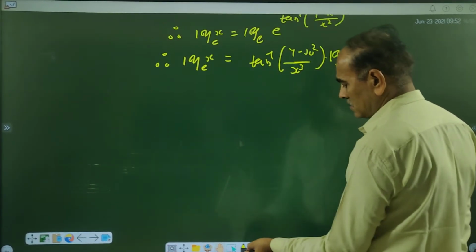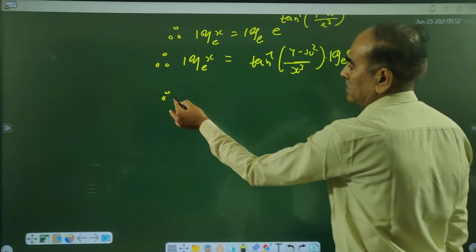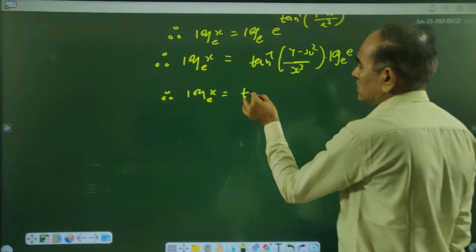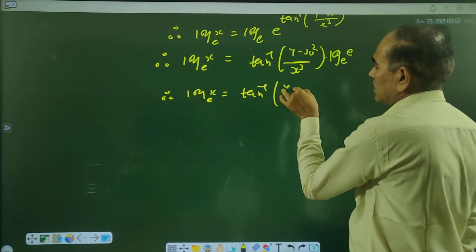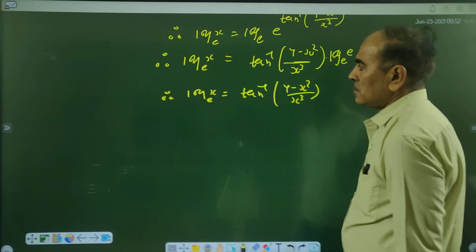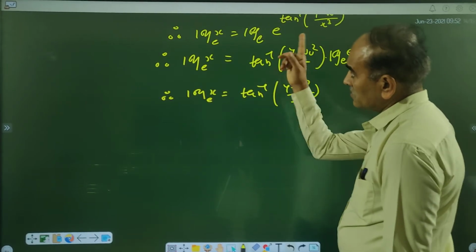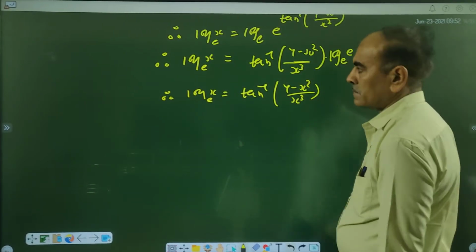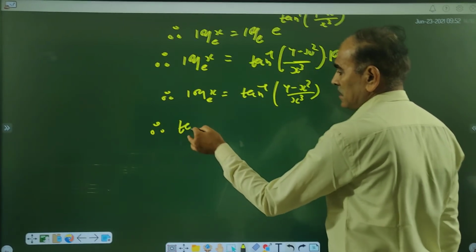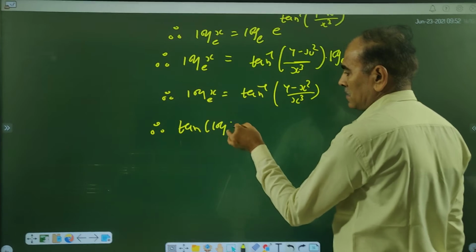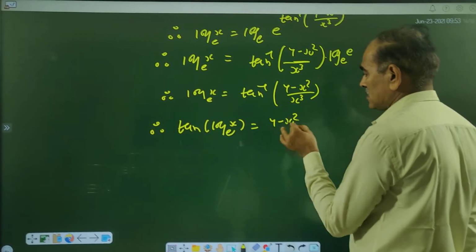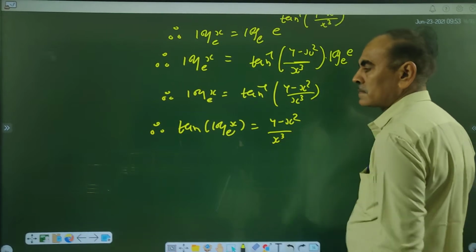So what we get? Therefore log x by z is equal to tan inverse of (y minus x square) over x cube. You can write this step directly from the very first step also. Therefore, take tan on both sides. Tan of log x by z equals tan of tan inverse, that is (y minus x square) over x cube.